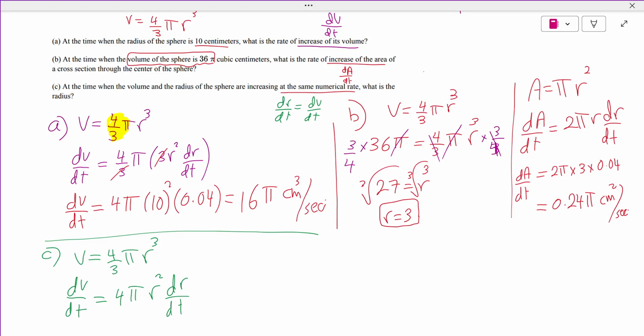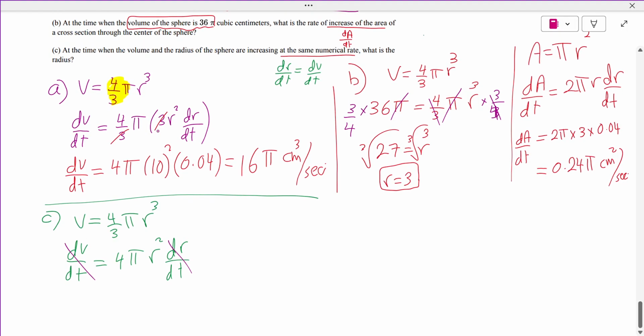Now, because they are equal, we can cancel it from both sides. We can cross out dr over dt with dv over dt because they are equal. The question says they have the same numerical value. So dv over dt will be cancelled. That is 1. This is 4 pi, and this is r squared.